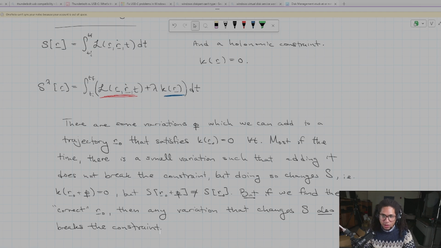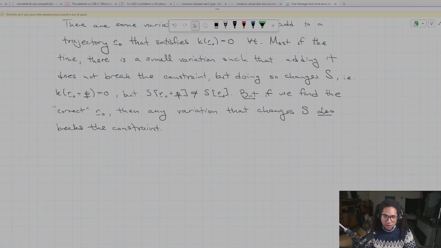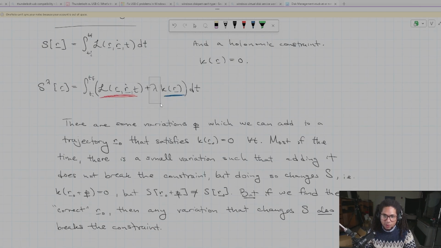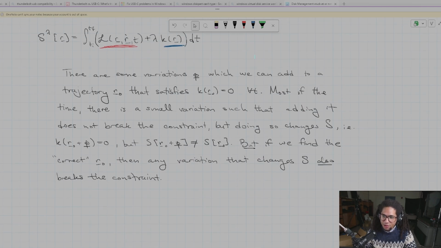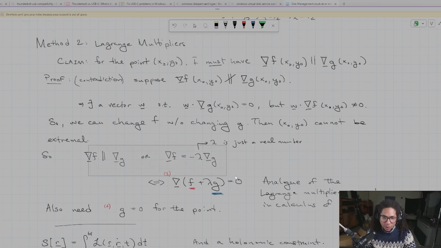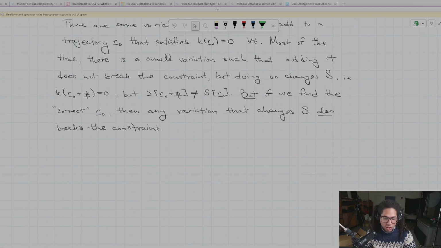And that is what the Lagrange multiplier sort of encodes. It encodes that when we found the correct R naught, any variation that we can do is also going to break the constraint. And it encodes it in the exact same way as it did up here, just with slightly fancier functional calculus.